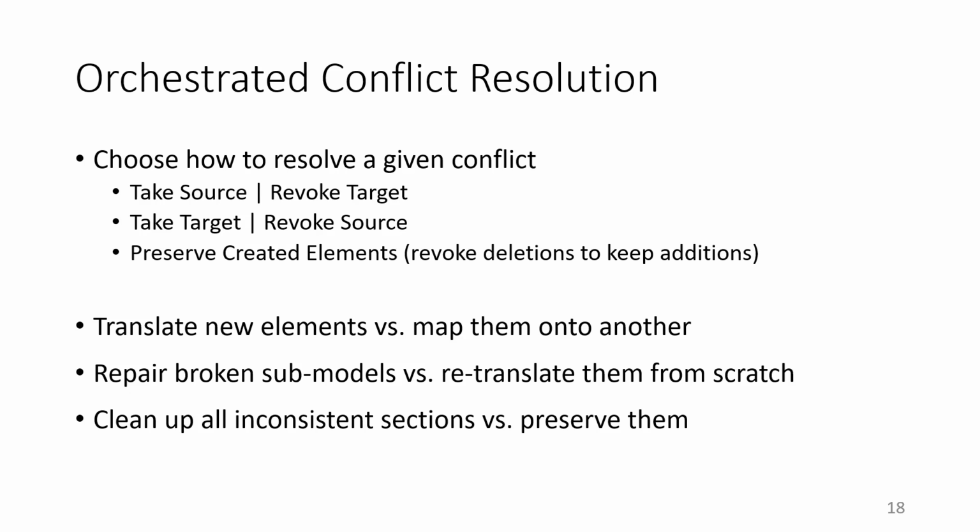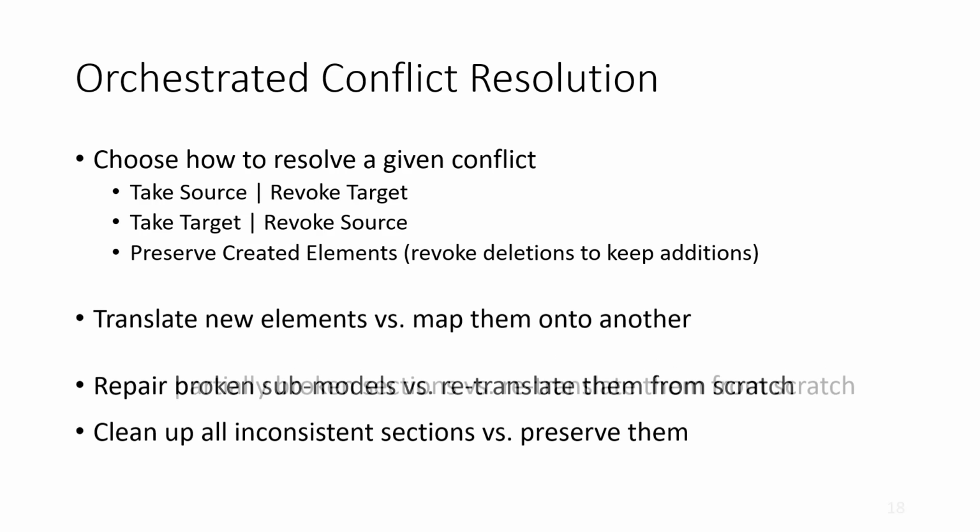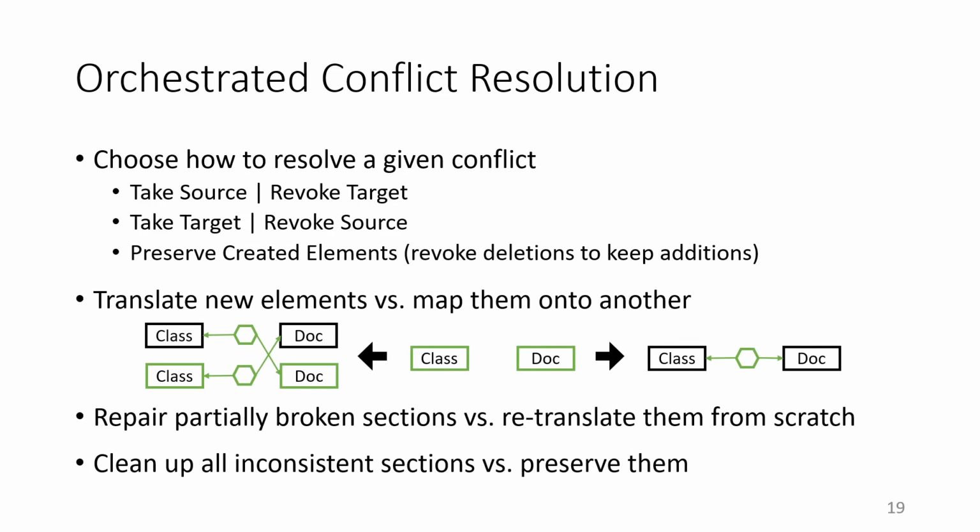So besides the conflict resolution, you can further configure also our synchronizer. For example, you can decide whether you want to map new elements onto one another, as you can see on the right, instead of simply translating them each, as you can see on the left.